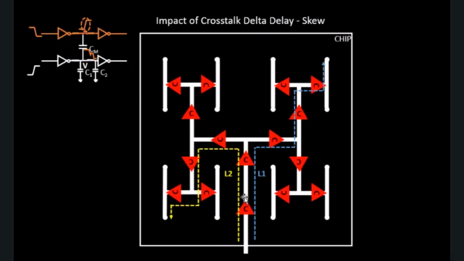So it will again be 5 buffer delays and 6 net delays. By the look of it, latency L1 is equal to latency L2. And since the latencies are equal, skew, which is L1 minus L2, the difference of the latencies, will be exactly 0.